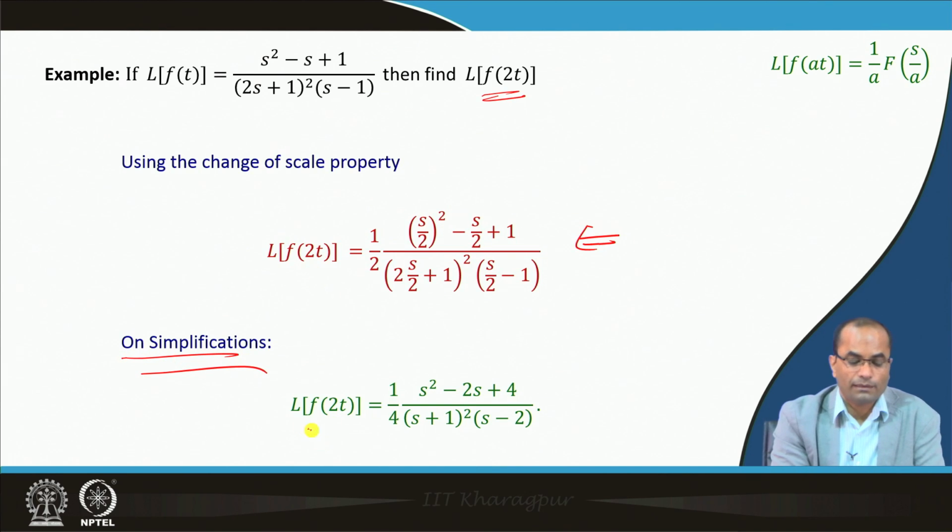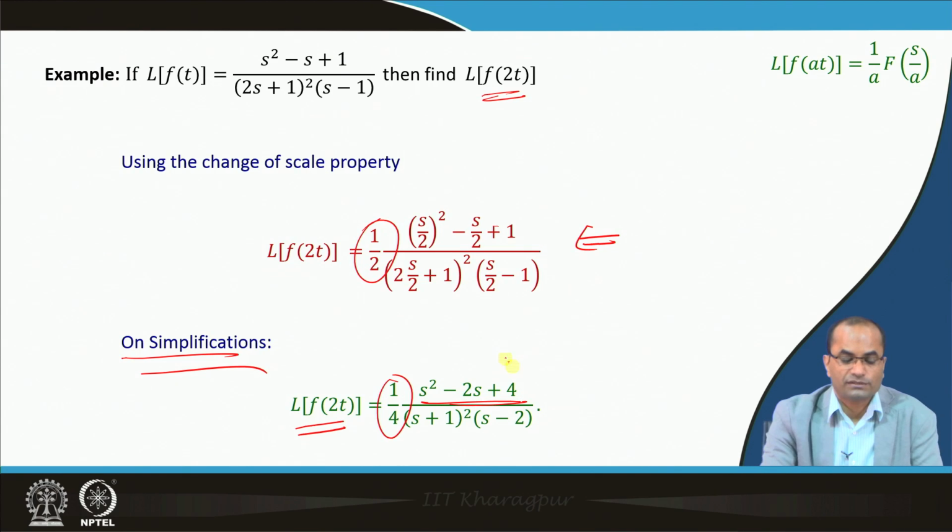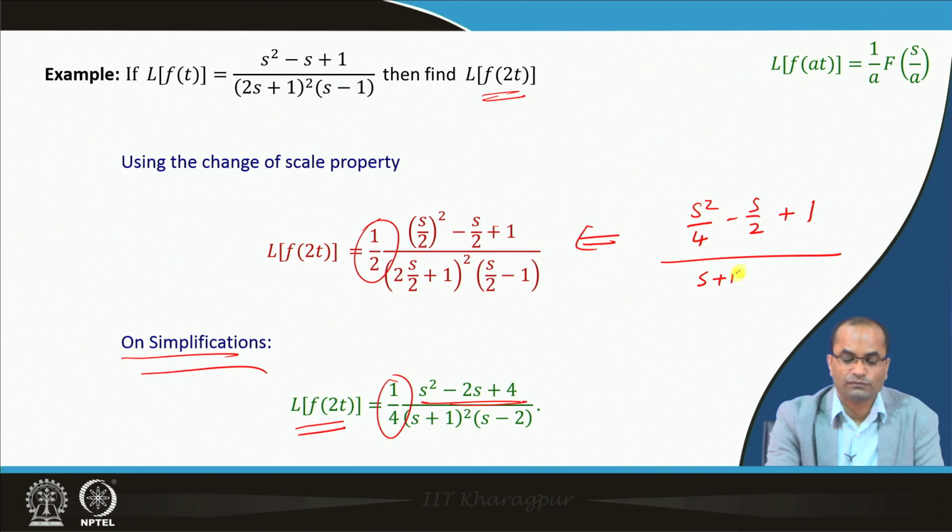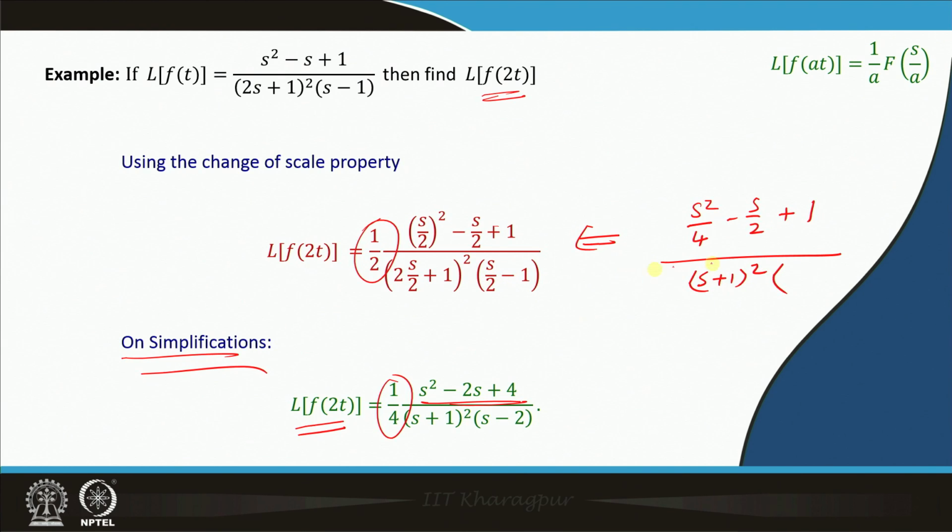and on simplification, what we will get is the Laplace of f(2t) will be 1 by 4, and this will become s square minus 2 s plus 4, because the numerator is s square by 4 minus s by 2 and then we have 1 there, and here we have (s plus 1) whole square and then (s minus 2), and this 2 will go up there and we have 1 by 2.